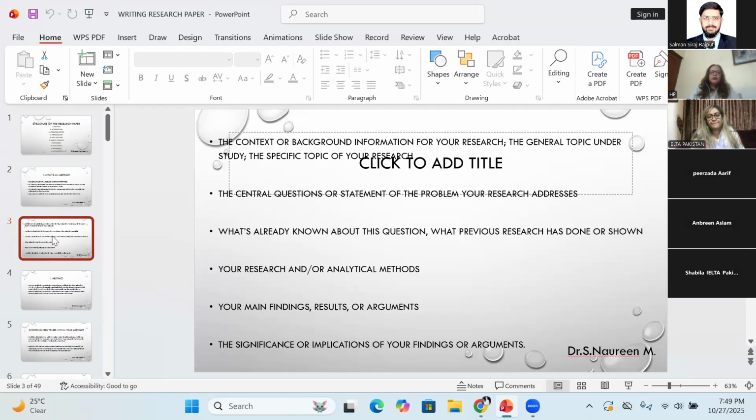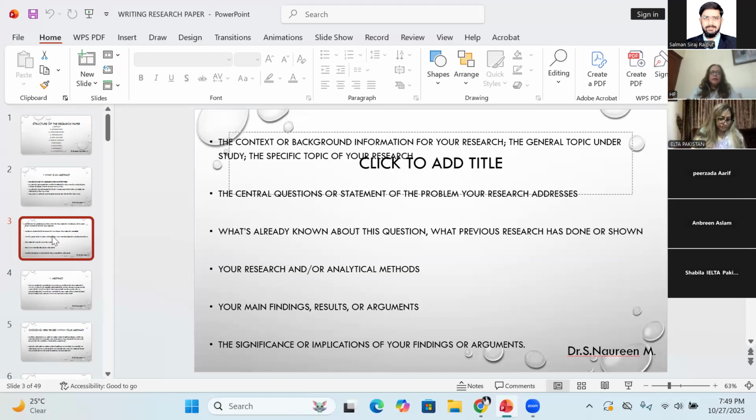The central question or statement of the problem your research addresses also has to be in your abstract. What's already known about this question, what previous research has done, then your research or analytical method, like I said, methodology has to be mentioned there. Your main findings, if it's a qualitative research, and for quantitative, the results of your findings, any argument.